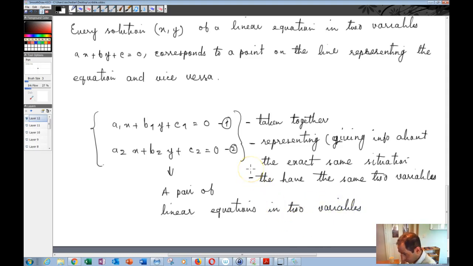Okay, and what I mean by the second point, giving information about the exact same situation, is the situation of the two numbers that we talked about in the beginning of this video.